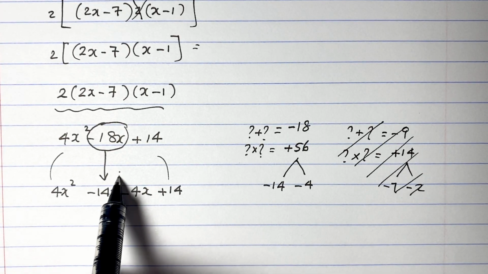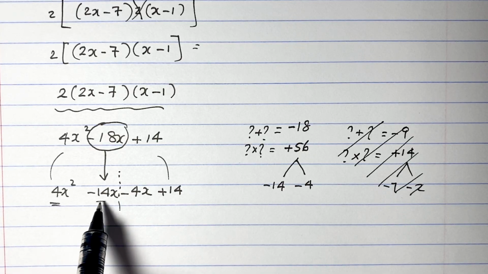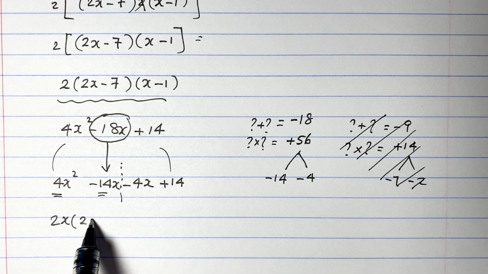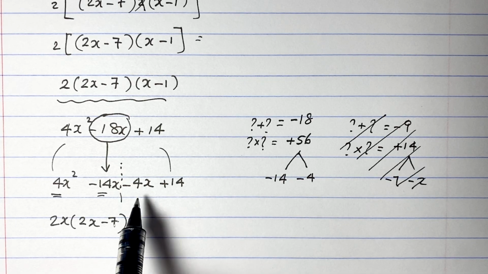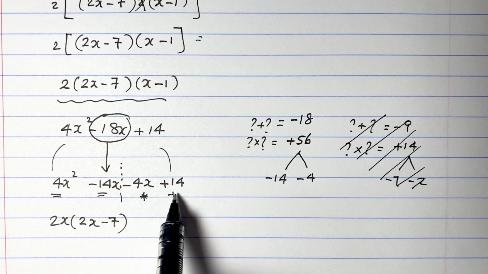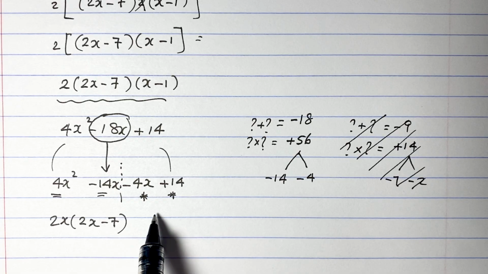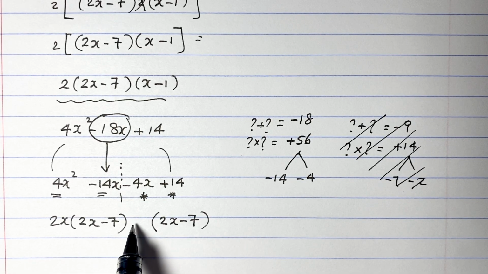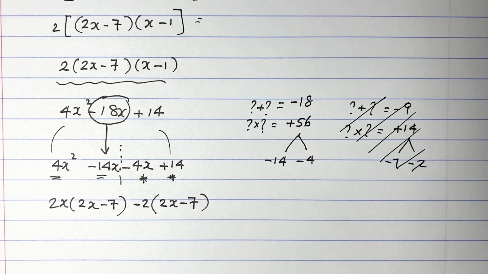Using the standard method, can factorize the 2x from both. Give me 2x minus 7. Factorize, write a bracket and you know what to factorize. 2x minus 7, you need to put minus 2 here.